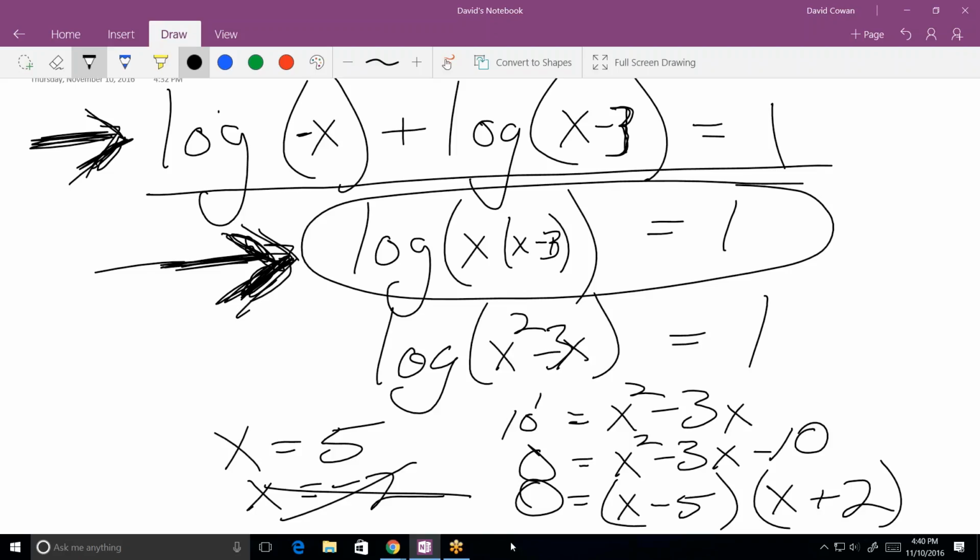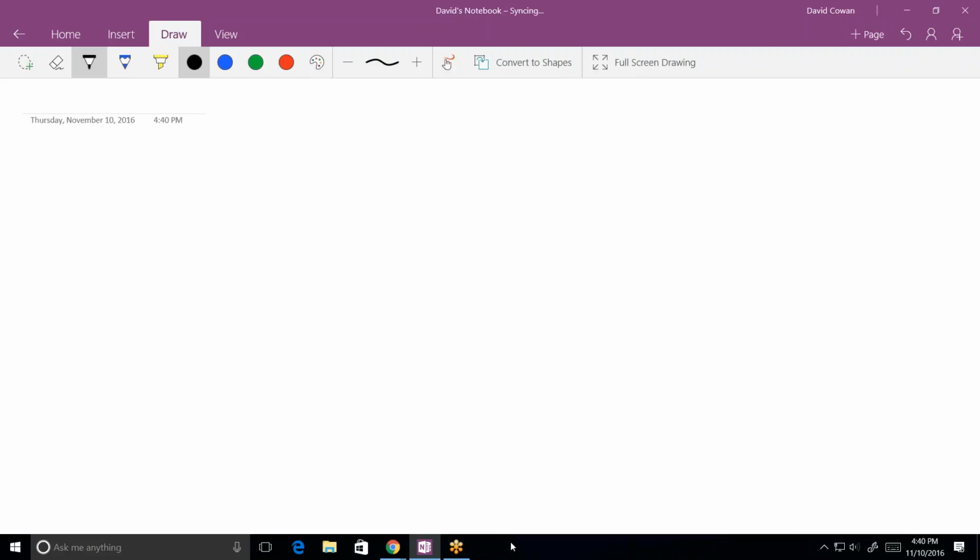Logs have terrific applications in calculus. You wouldn't be able to do a lot of calculus problems without logs. Interestingly enough, for example, not that we'll go through this because you haven't had calculus, but if you've had limits, right?